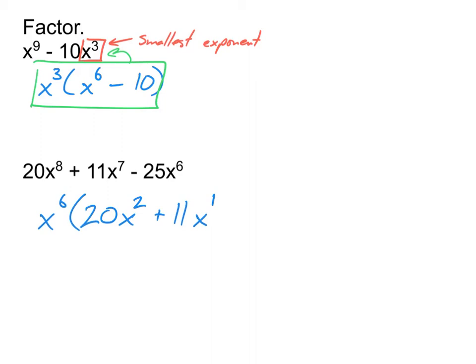But I don't really want to write 11x to the power of 1. X to the power of 1, it's correct. It's just not quite as clean as we could make it. So rather than writing x to the 1, I'm just going to write that as 11x. And then minus 25. I'm taking out all 6 of those x's, so it's only the 25 left behind. So this would then be our final factored form for this particular problem.